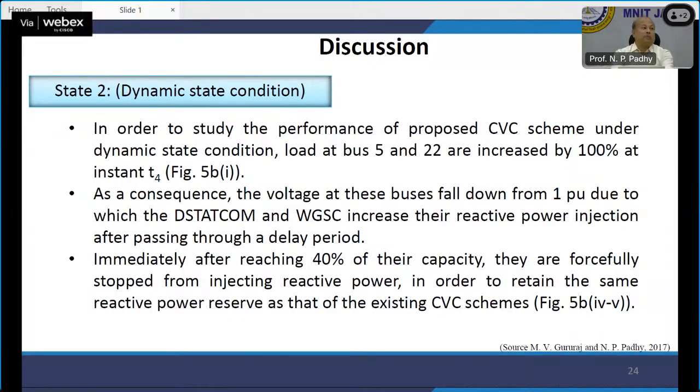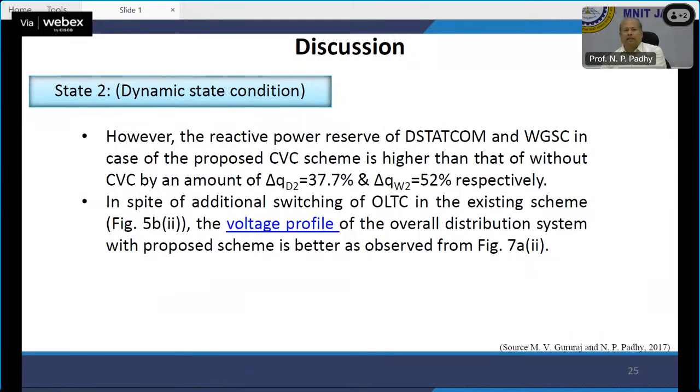Immediately after reaching 40% of their capacity, they are forcefully stopped from injecting reactive power anymore, in order to retain the same reactive power reserve as that of the existing CBC scheme. So even though they are fast, we say come up to 40% and then cool down. So what may happen, you drop from 1 to 0.85, then you discharge something, so probably you'll be at 0.91. Okay, the story never ends there.